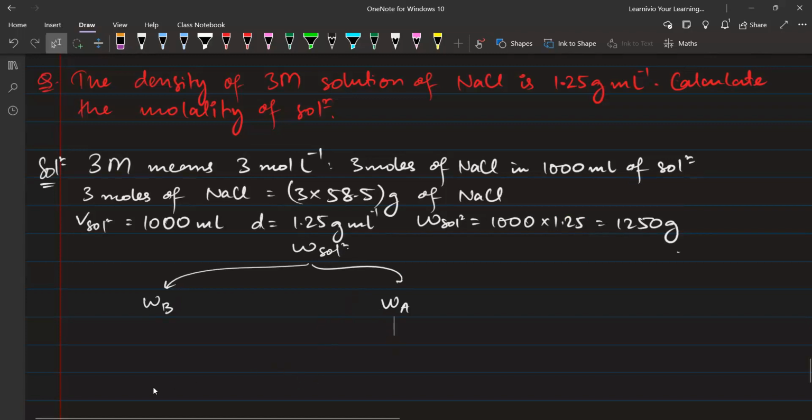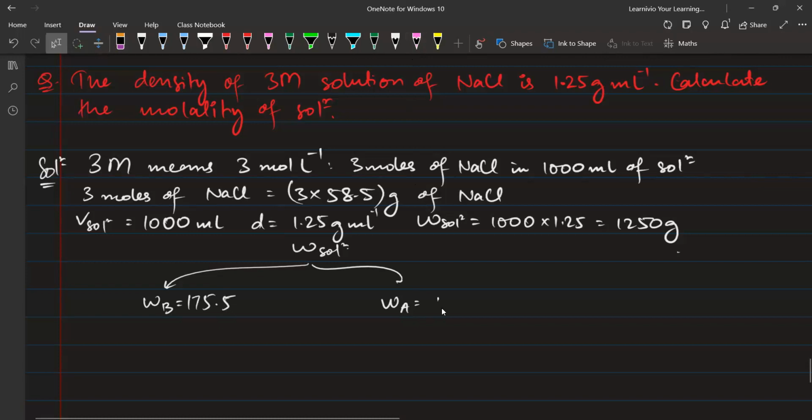Solute is how much? Tell me. What is the mass of NaCl that we have here? 3 into 58.5, sir. Correct. 3 into 58.5 will be equal to 175.5.